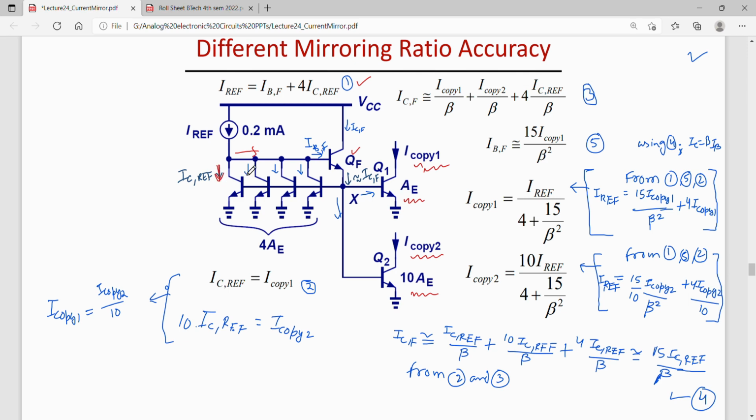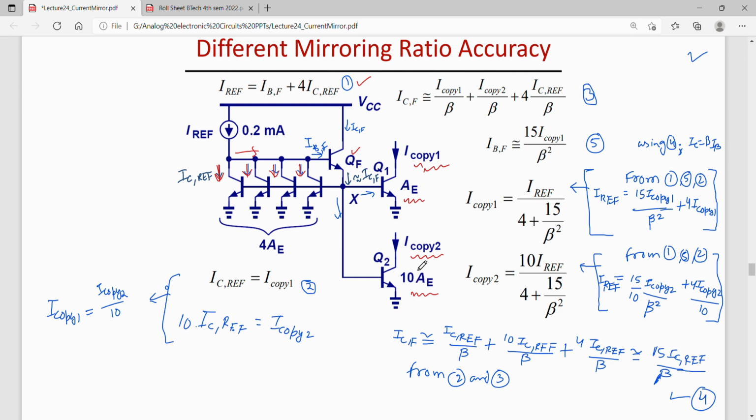Because we have 4 transistors and in each transistor ICREF goes, so total collector current drawn by the 4 collectors will be 4 times ICREF. Next we write equation 2: ICREF is equal to I copy 1, so for this transistor I copy 1 is equal to ICREF.